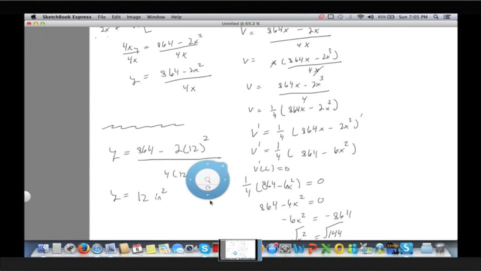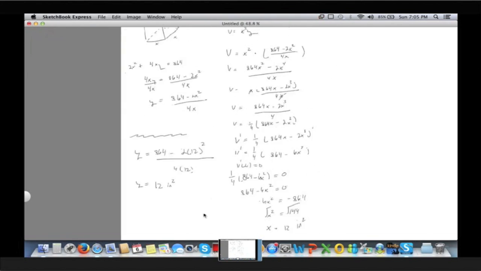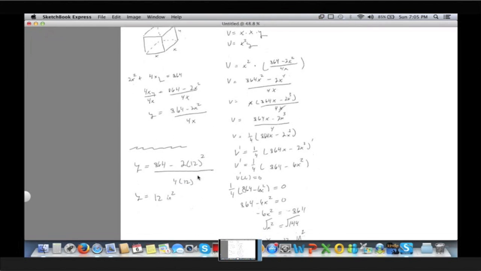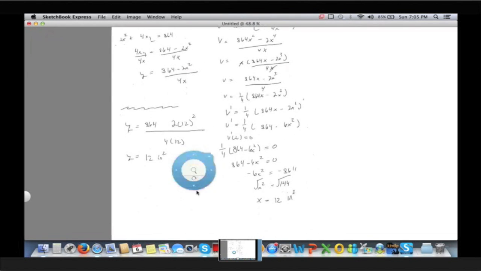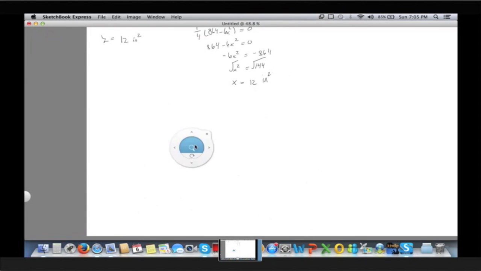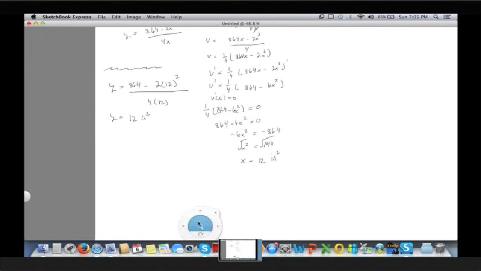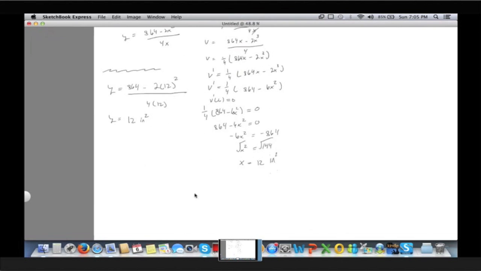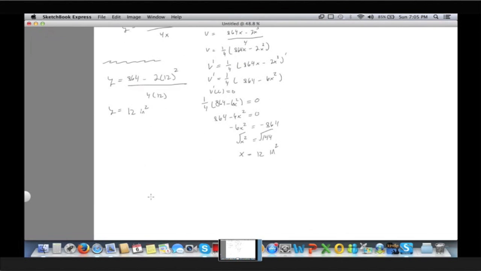So that would make this a cube. So I guess we can test maximizing the volume with the second derivative. The second derivative is here. Okay.